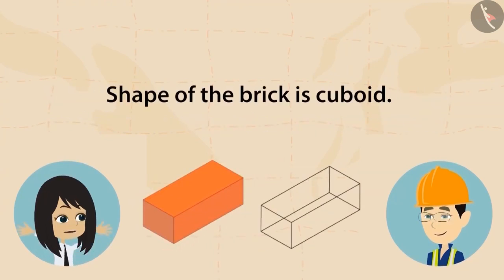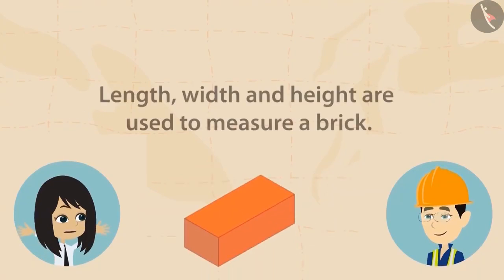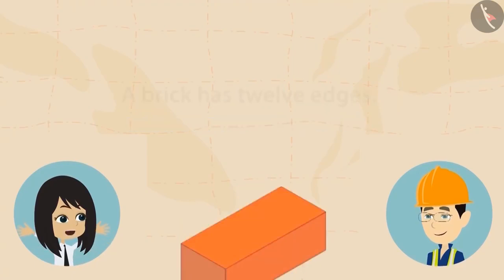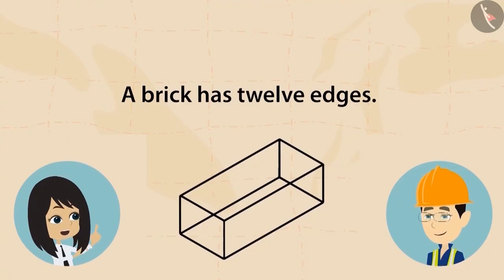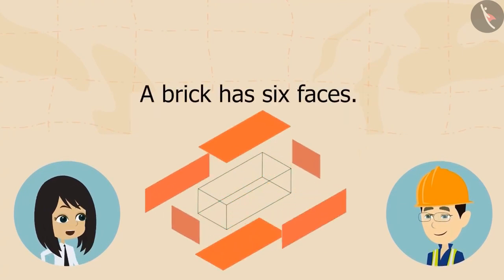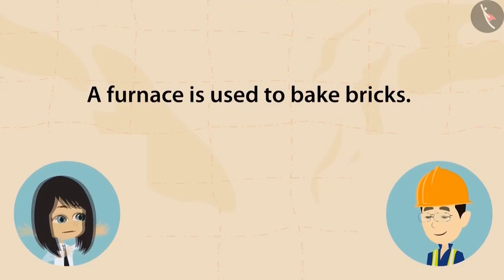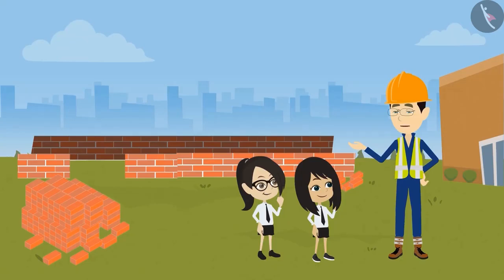Shape of brick is cuboid. Length, width, and height are used to measure a brick. A brick has 12 edges. A brick has 6 faces. Furnace is used to bake the bricks. Very good. You remember everything.